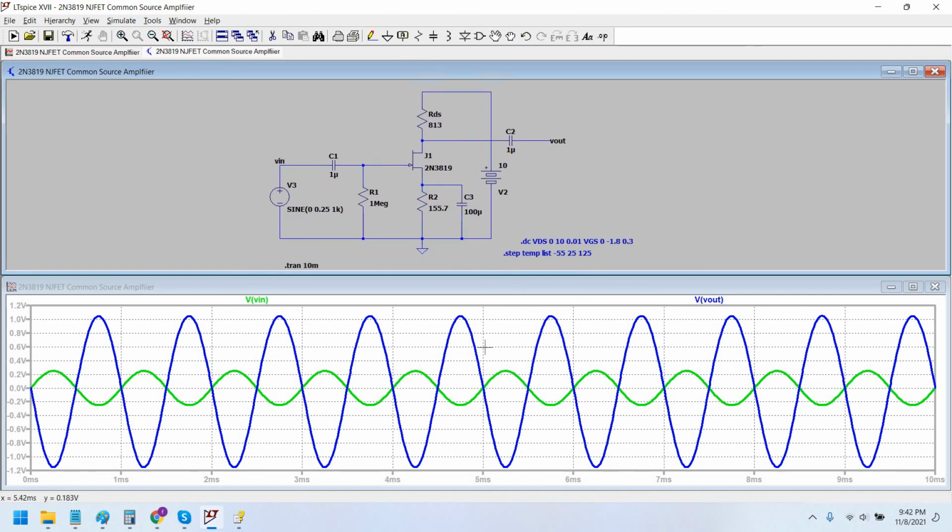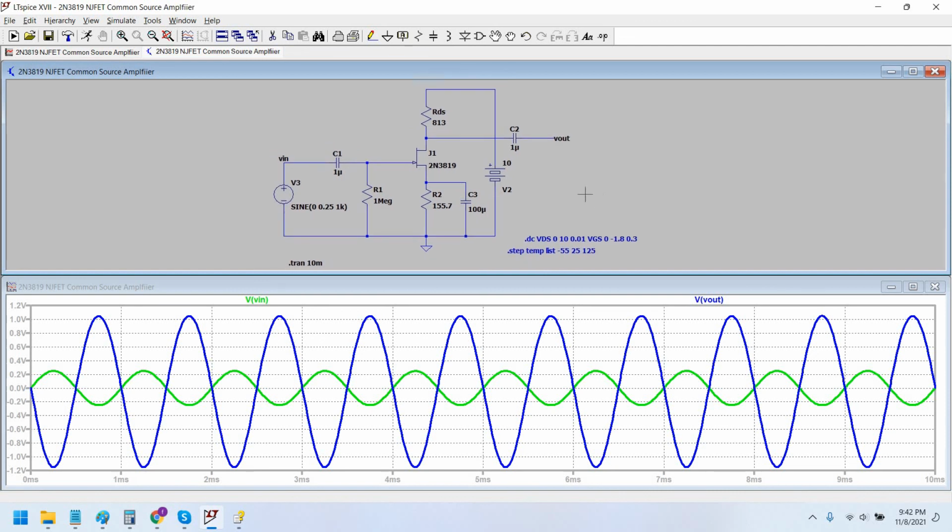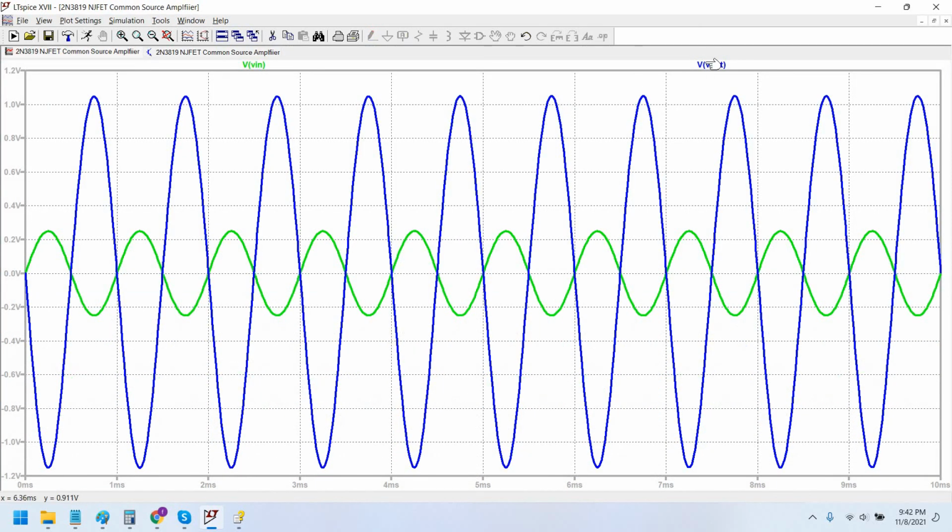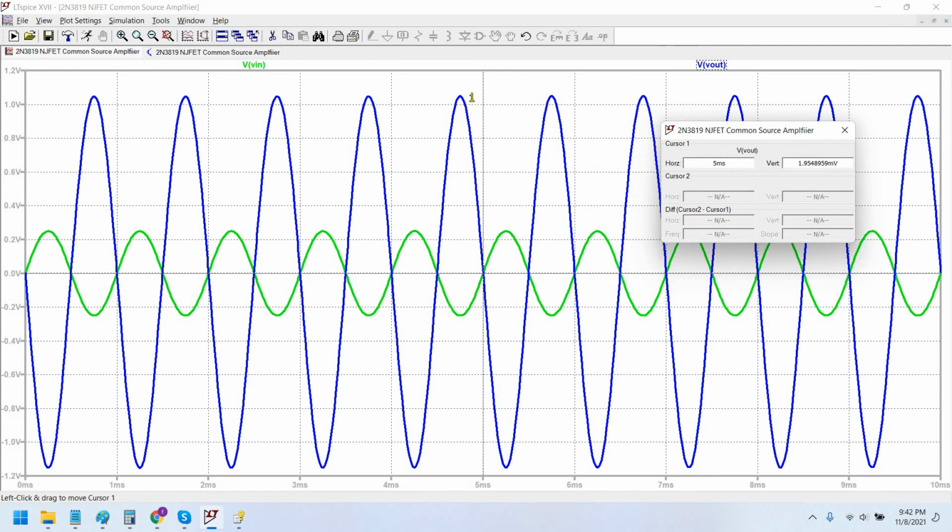So guys, as you can see, the voltage has been replicated once again, exactly as we had with the battery, right? As you can see, V out, we move the cursor to the maximum point, that is 1.05 volt peak, and the lower peak is minus 1.15. 1.05 plus 1.15 is 2.2 volt exactly, as we found with the battery biasing.